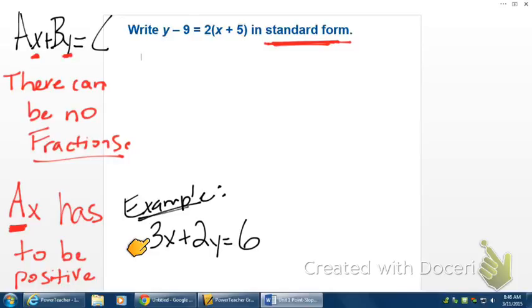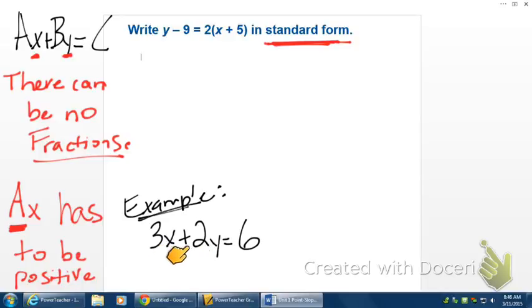Are you just trying to get the Y in front of everything? No, the main thing you need to try to remember is you know how in slope-intercept form, you were solving for Y. You were getting Y by itself. Well, now you need to remember to get X and Y on the same side now.